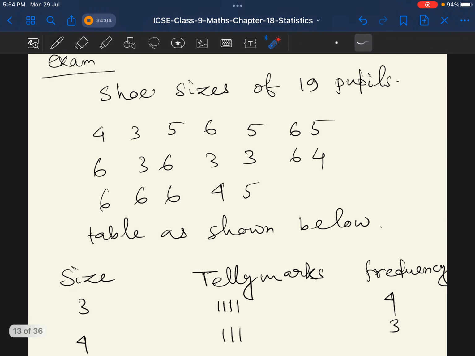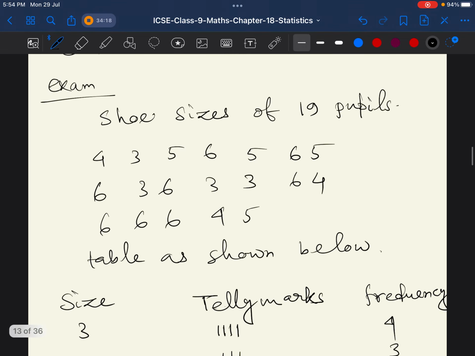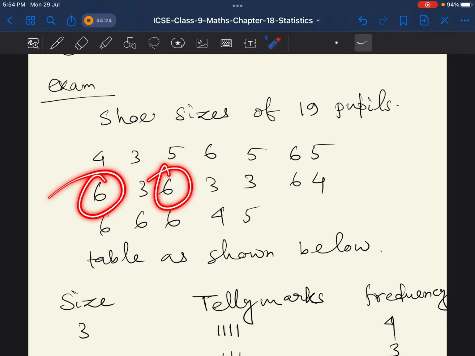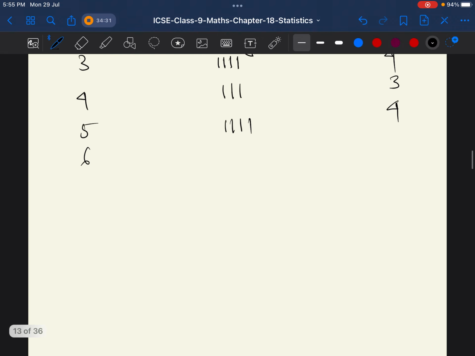Size 5 appears 4 times, so the tally is 1, 2, 3, 4 and the frequency is 4. Now 6 appears 8 times.